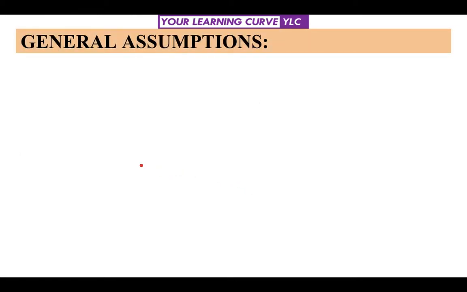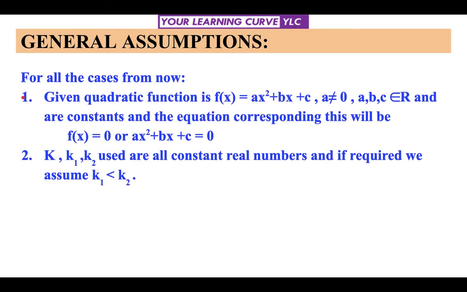There are certain general assumptions which I will be using in every case of location of roots. So I'll write these down once in the starting only, and then wherever I use these standard words, it means that this expression is expected. So for all the cases from now, the given quadratic function is f of x is equal to ax square plus bx plus c, where a is not equal to 0 and a, b, c belong to real numbers and are constants, and the equation corresponding to this is f of x is equal to 0 or ax square plus bx plus c is equal to 0.